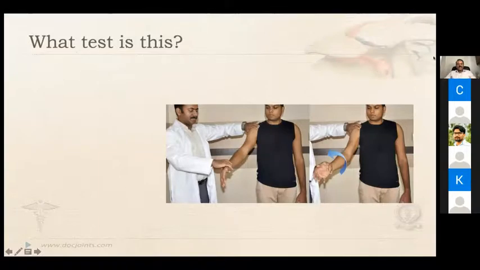Biceps tenotomy. Okay, you can either do a biceps tenotomy or a tenodesis. Biceps tenodesis is done in younger people. The long head of the biceps is mainly for stability of the shoulder joint, not for power.